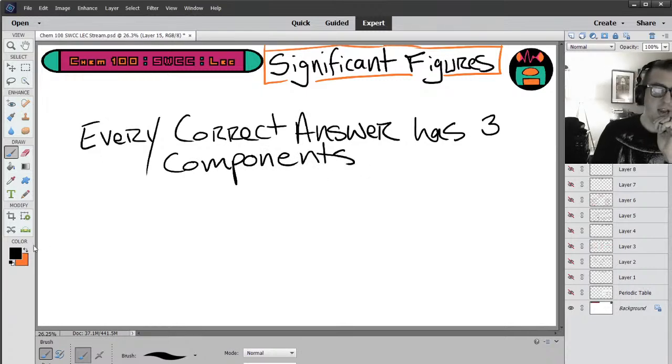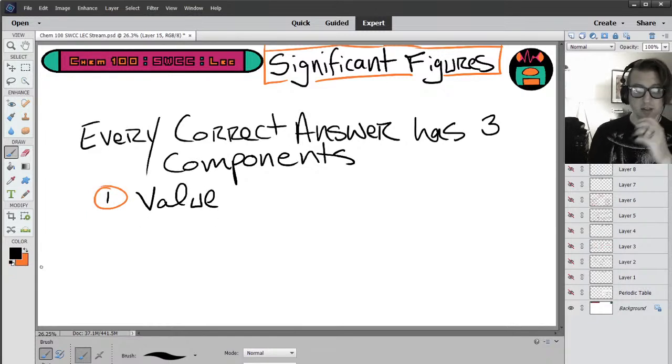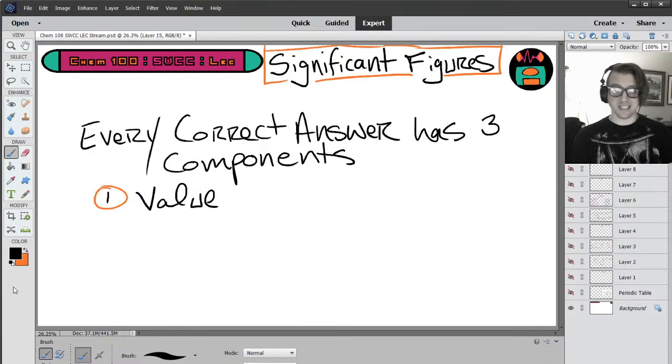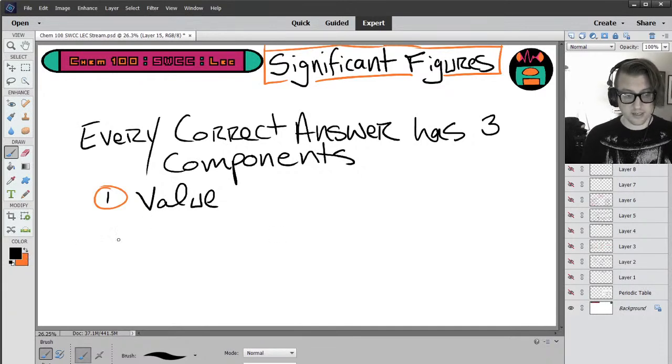All right. Every correct answer has three components. You have to have the correct value. Right? If the correct value is 10, putting 4 is an incorrect value, right? You got to have the correct value. Your number has to be correct.